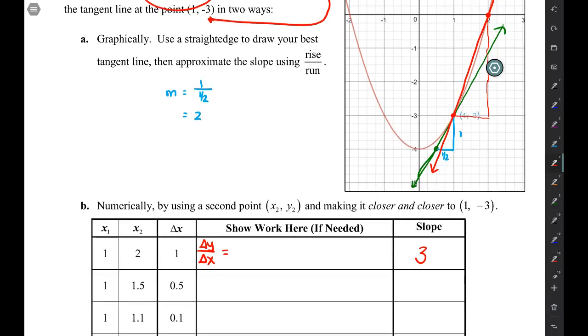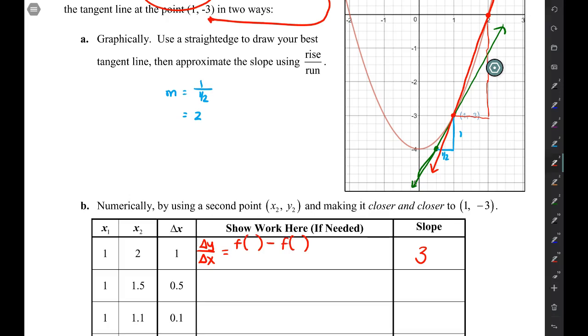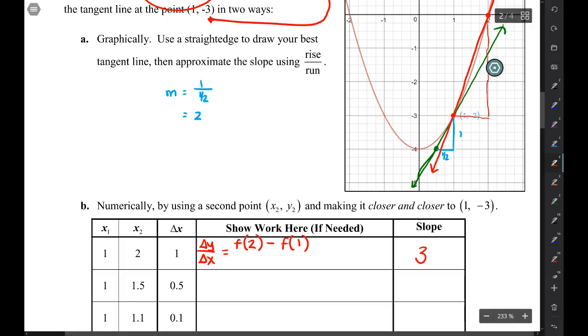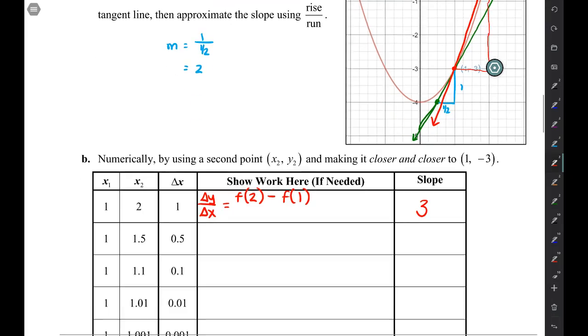So I want to find the change in the y values, which would be taking f of one input and subtracting f of the other input. So f of 2 minus f of 1, that's my change in y. My change in x is 2 minus 1.